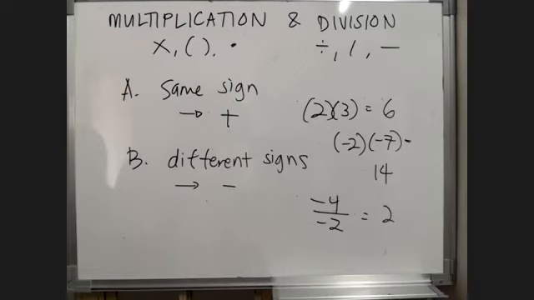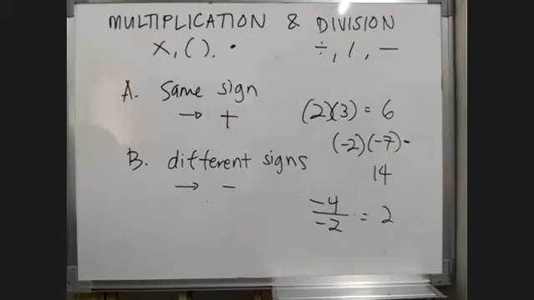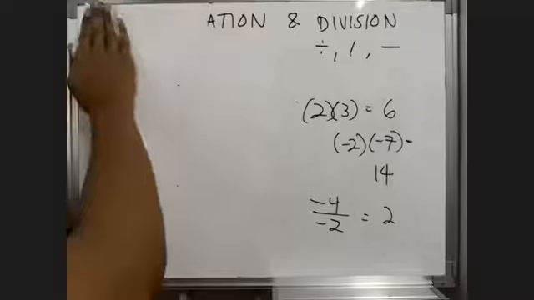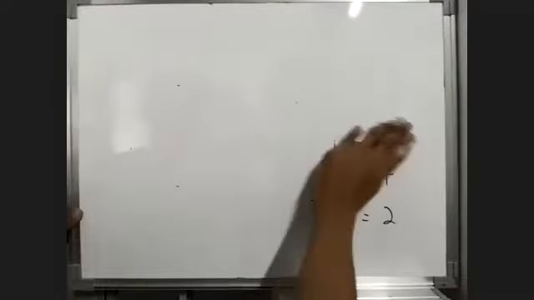Hindi ko na kailangan gawin yung table na to. For example, on your notebooks, mag-exercise tayo ng konti para makita ko kung nagigets nyo na ba talaga siya. Exercise, ha? On your notebooks to.